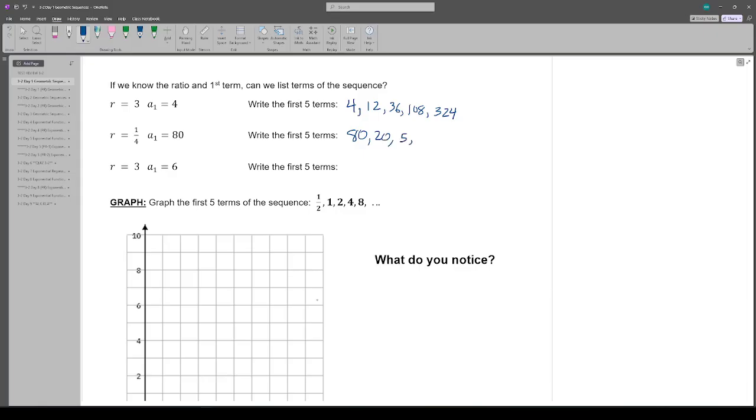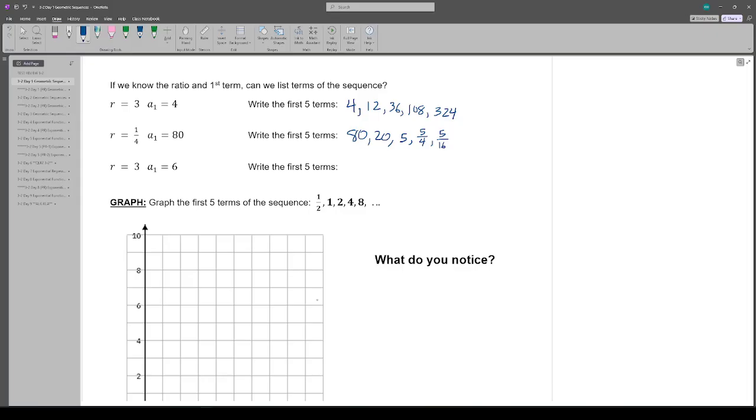We divide by 4. Again, we're going to keep it as an improper fraction, 5 over 4, because then when we go to the next term, the numerator stays the same, and the denominator is just going to be times 4 more than that. So if we wanted to keep going, we would just keep multiplying the denominator by 4, and the numerator would stay what it is, which makes it easier than trying to make decimals.